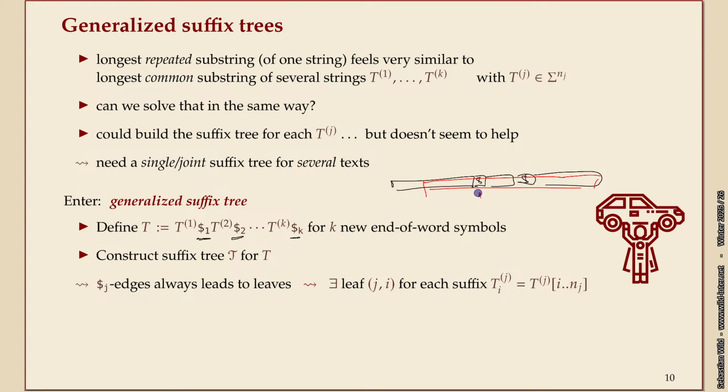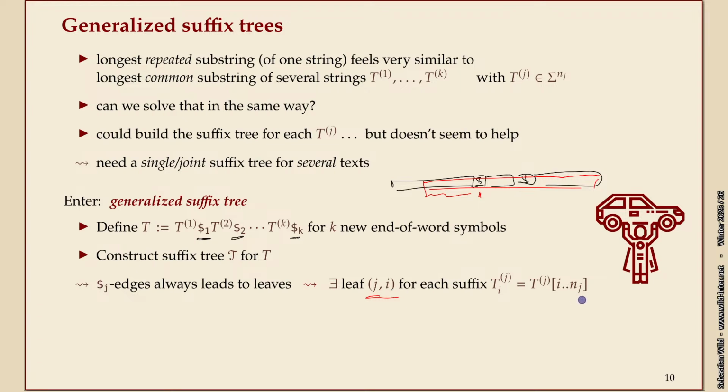So we will have some initial part below this that is part of a single trie. This will branch off into some leaf, and that will always be the entire rest of the string. What that means is for every suffix of every text, we'll have exactly one leaf, and we can pretend that they're labeled like this.